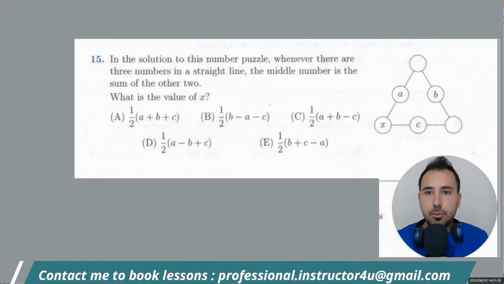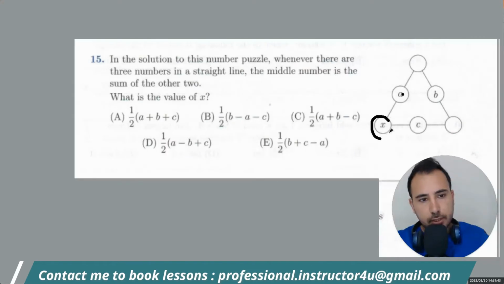In the solution to this number puzzle, whenever there are 3 numbers in a straight line, the middle number is the sum of the other 2. What is the value of x? So A is the sum of this plus this. I think if you saw the previous questions, then you know how we answer these types of questions by coming up with different values.